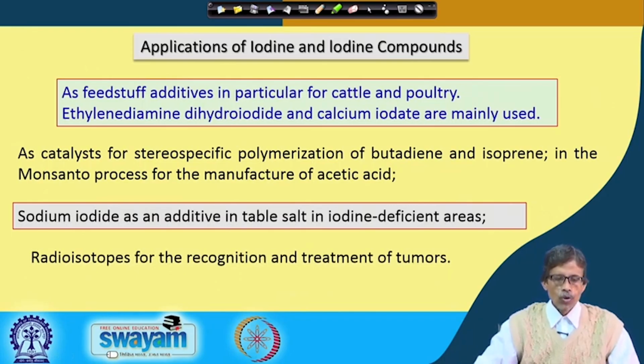Then radioisotopes, that is iodine radioisotopes, for the recognition and treatment of tumors also. We have not discussed anything related to the development of that other isotope, iodine 54.